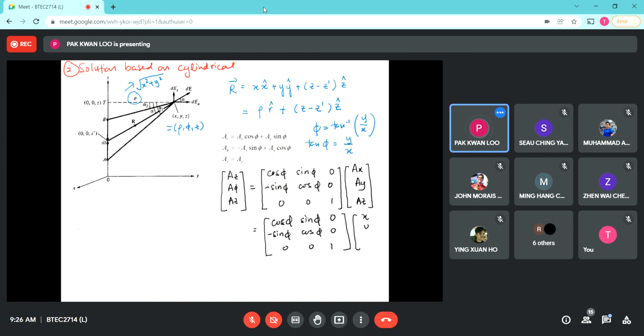So x, y, and z. Sorry, I wrote this wrongly here. It's supposed to be a of r here. Expanding this, we find that a of r is actually x cos phi plus y sine phi, so this is what we call the r component.